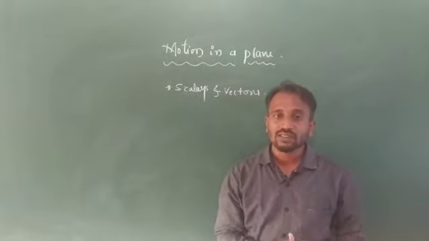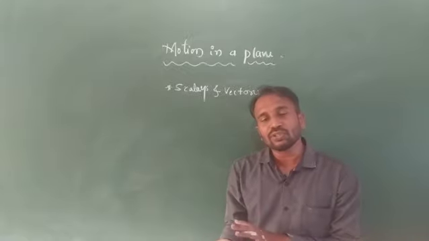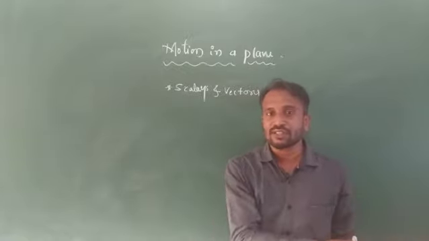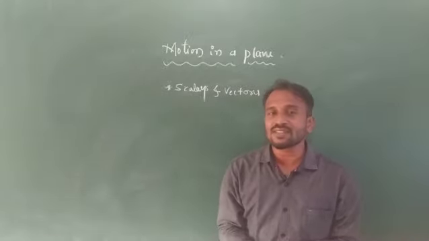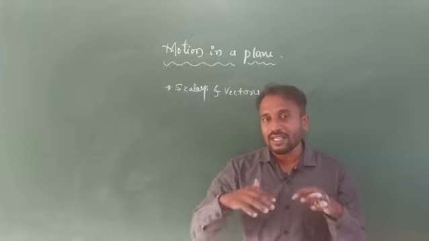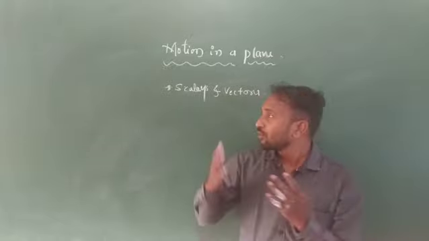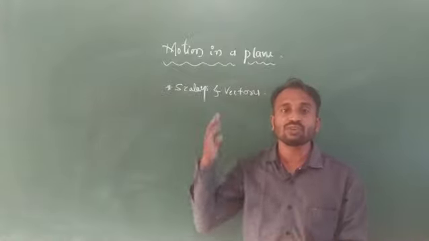And vector is the physical quantity having both magnitude as well as direction, so that we consider a vector. And how to represent a scalar and how to represent vectors, and any different types of vectors are there. We have to study about vectors.